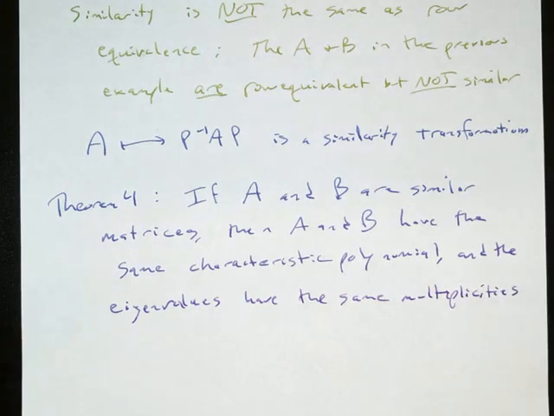Similar matrices share the same characteristic polynomial. They share the same eigenvalues. They share a whole lot. I need you to go back to discrete.